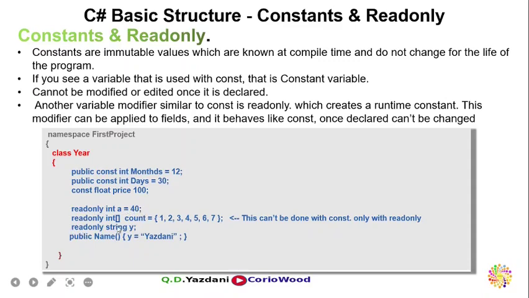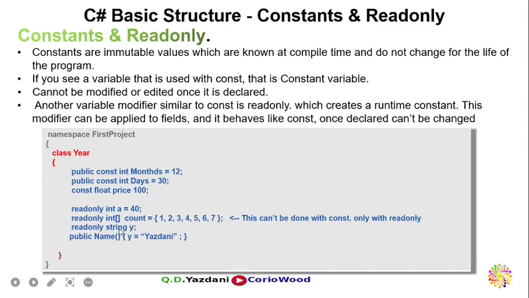So here I have put a read only of the data type string. I put a y, and I put it in my method. So I put a public name because that's my method, and I put y equal to yes done. You can put your name, you can put whatever, there's a string here. So I have a data type string, and I'm assigning this to y, because here I have a read only variable, and it's a name.